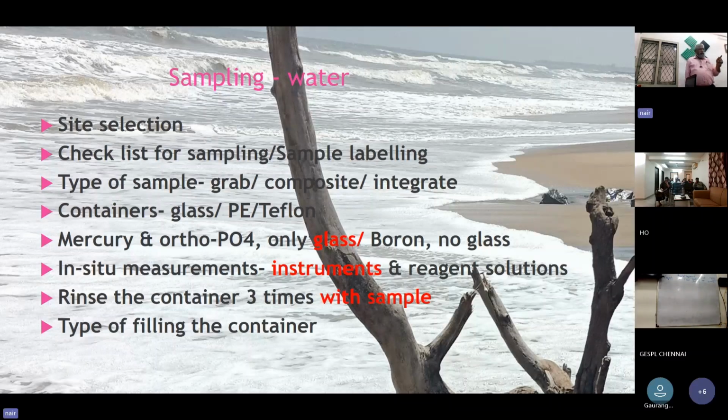Then another thing, there are in situ measurements also. For in situ measurements, you have to carry instruments and reagent solutions. There are certain parameters that are to be done at the site itself.